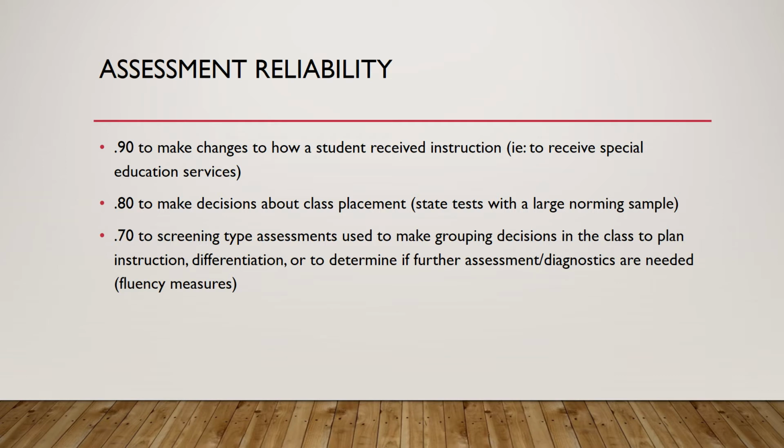Like I stated earlier, if a student is going to receive different services than what they typically would receive, i.e. special education services, their educational materials are going to be presented a different way than anybody else has access to, that has to be a reliability of 0.90. So that means they have to be able to get that same score on that test.